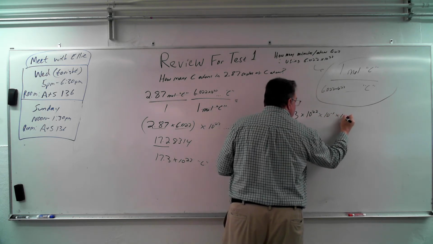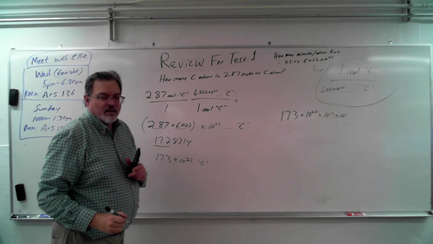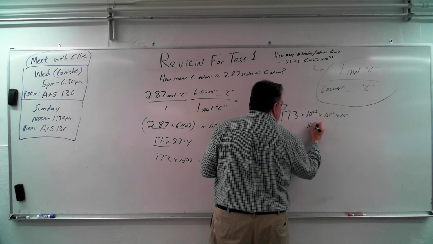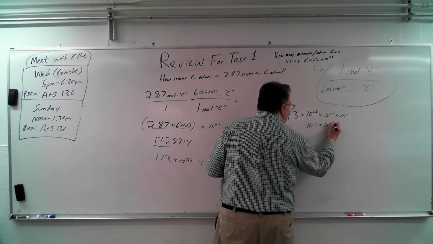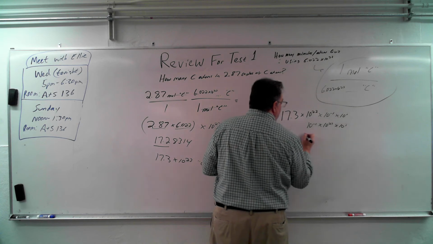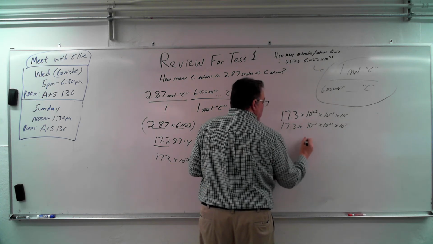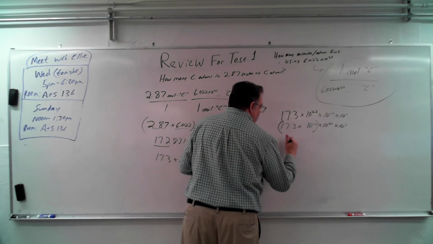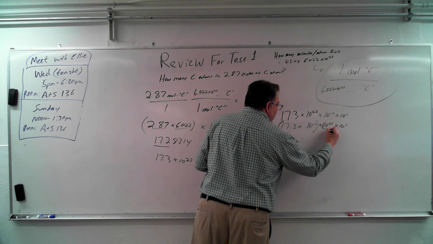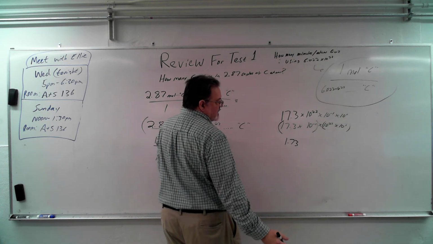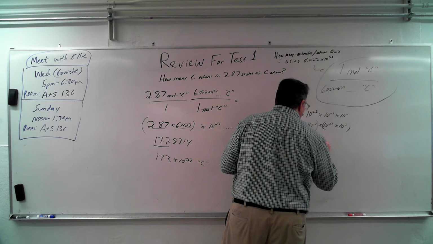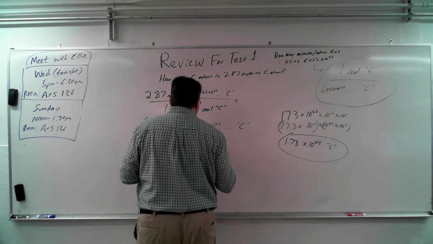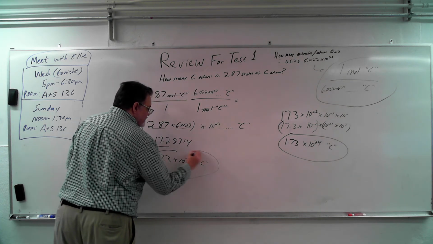But I'm also going to do 10 to the 1 so I don't change the value. And now I'm going to swap these two. Once I swap those two, I apply this here, so I got 1.73. And these two I'm going to put together, that's going to be 10 to the 24. So there it is in scientific notation, and here it is without scientific notation.